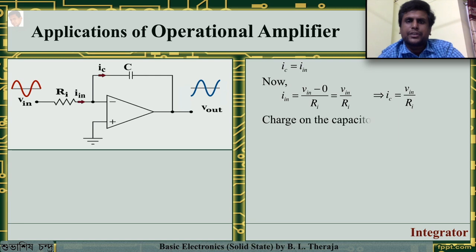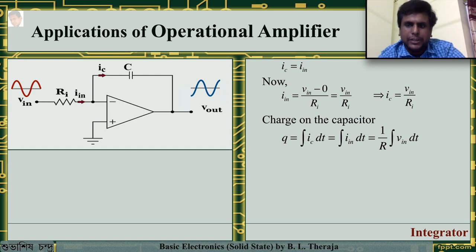The charge on the capacitor Q is the integration of the current through the capacitor over a period of time dt. Plugging the values, we receive Q equals 1 by R integration Vin dt.